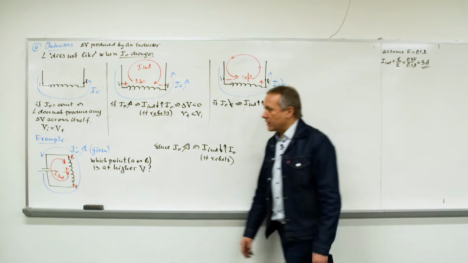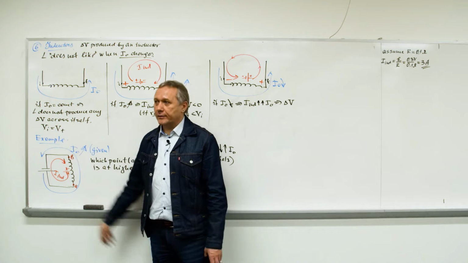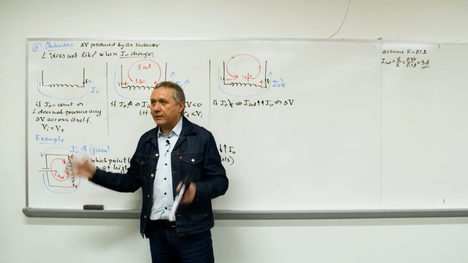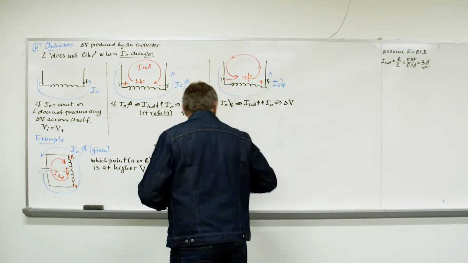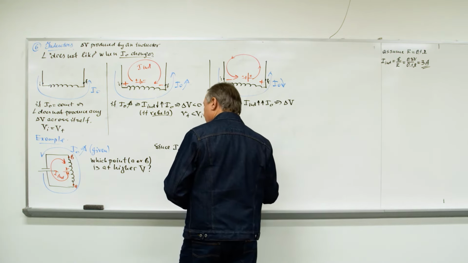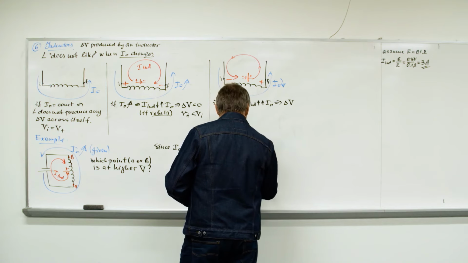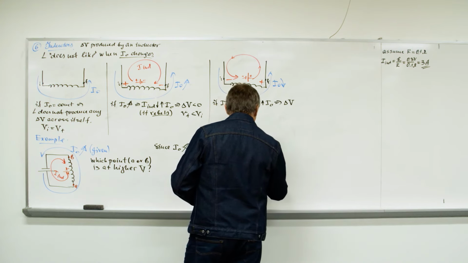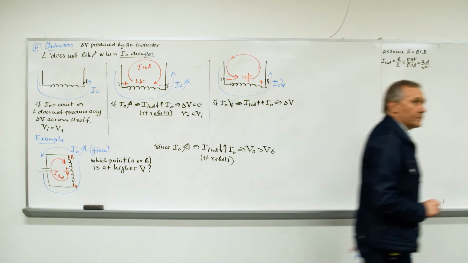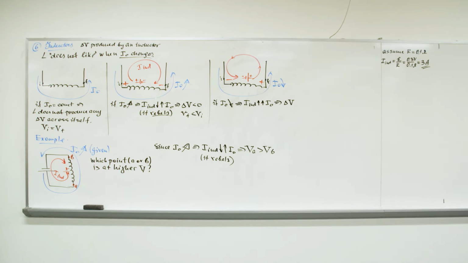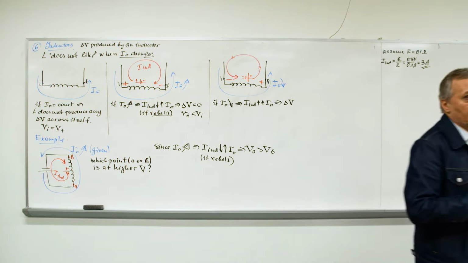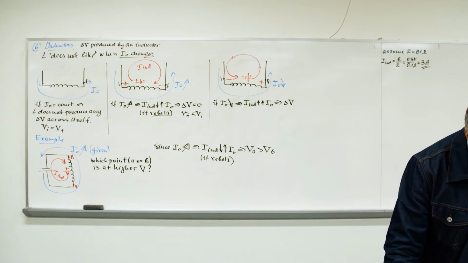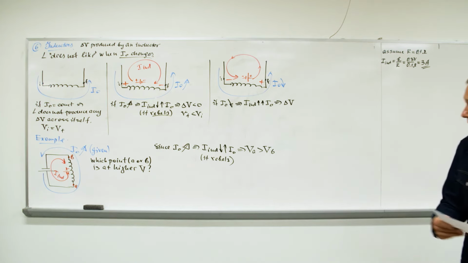No, we assume that this solenoid is made of an ideal wire, so it doesn't have any voltage drop. So after this, we can write that point A is at higher electric potential than point B. So basically delta V. It's not rocket science. You just need to get used to this idea. VA is larger than VB.